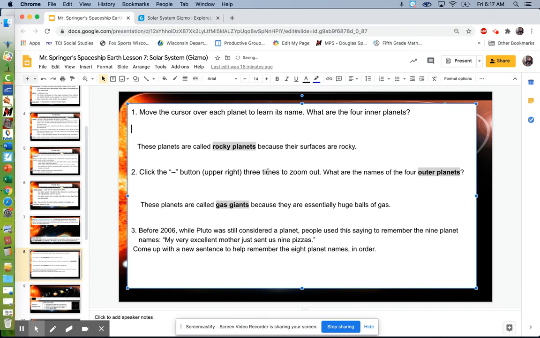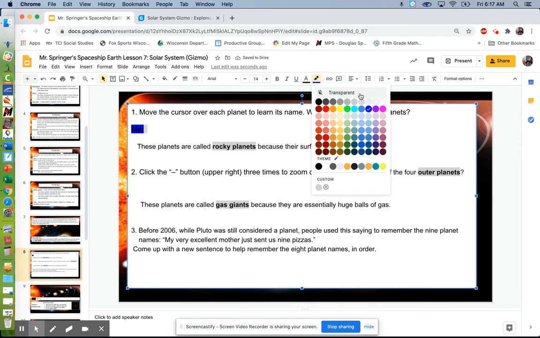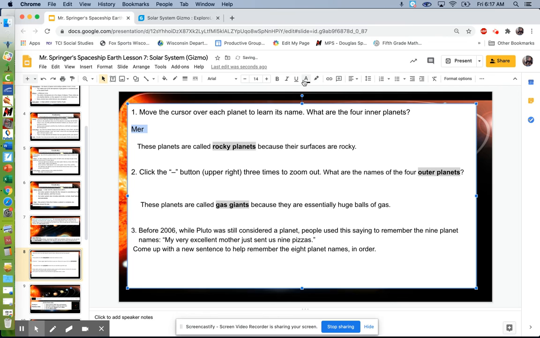I'm going to make mine blue. Oop, I don't want the background blue, Mr. Springer. I want the typing blue. Mercury, Venus, Earth, and Mars. These planets are called rocky planets because their surfaces are rocky.